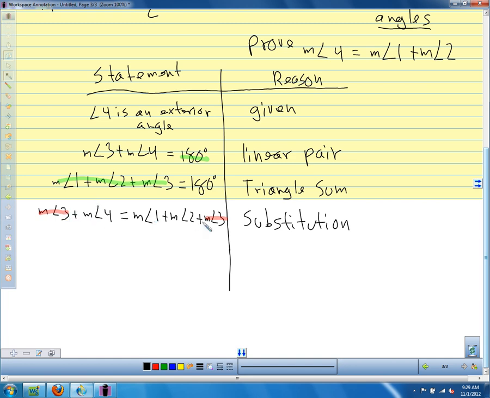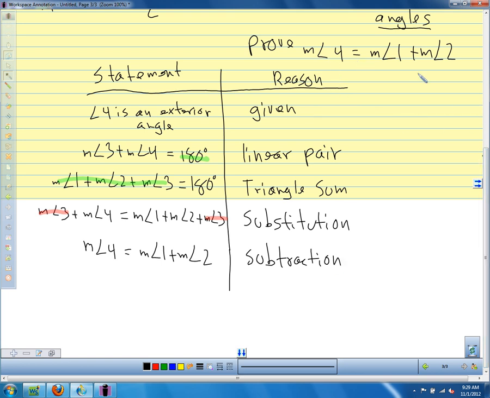So if I subtract the measure of angle 3 from both sides of this equation, that will get rid of the measure of angle 3. So I end up with the measure of angle 4 equals the measure of angle 1 plus the measure of angle 2. And my reason is subtraction. And I've proved what we were trying to prove.